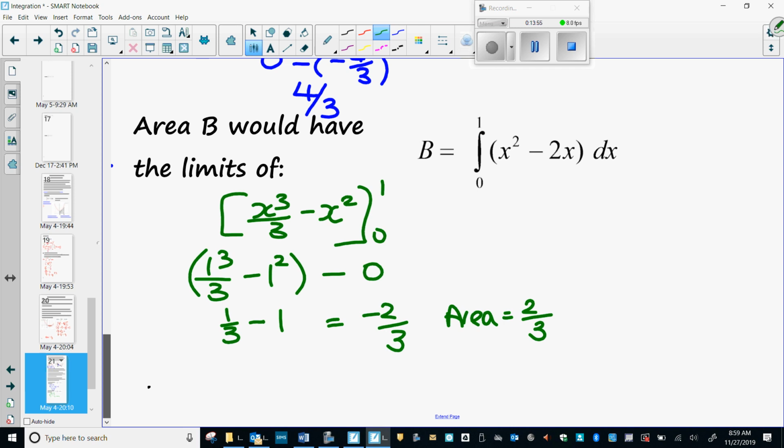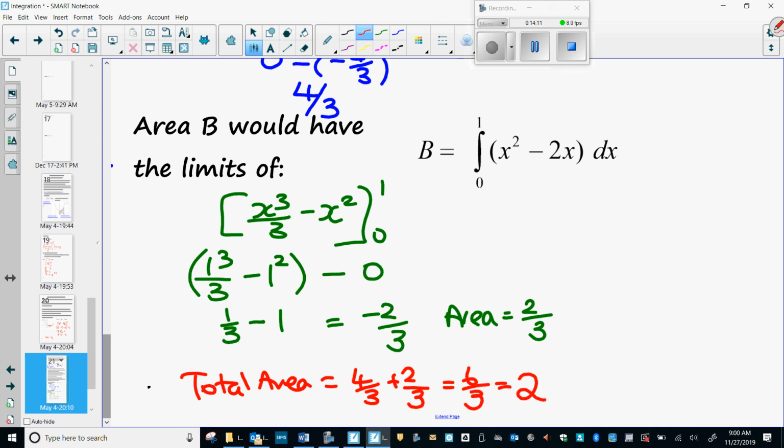So then what we would do is say that the total area between those two values is 4/3 plus 2/3, which is 6/3, which is 2 whole ones. Now, obviously, that is a very different answer to the original one we had, but that was because our 4/3 had this 2/3 taken from it.